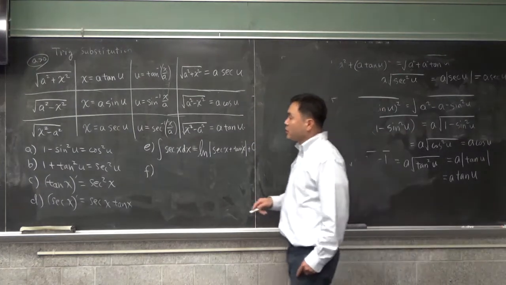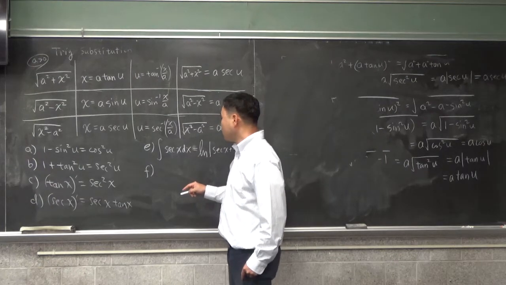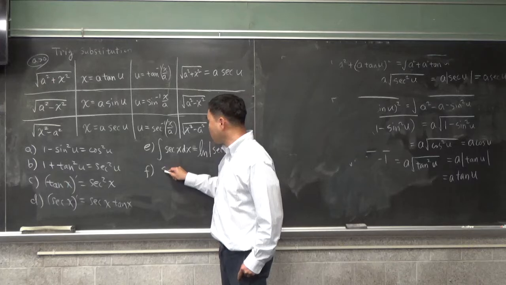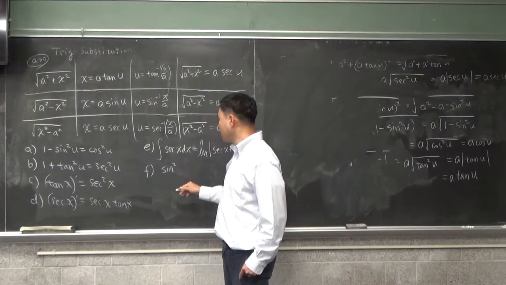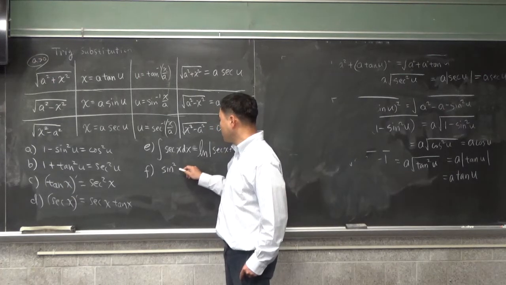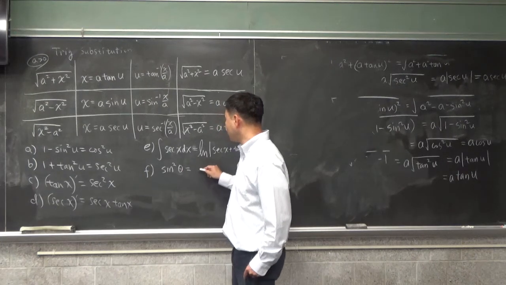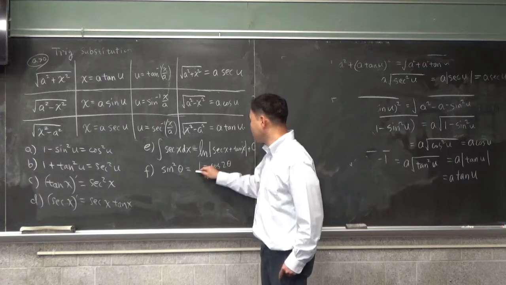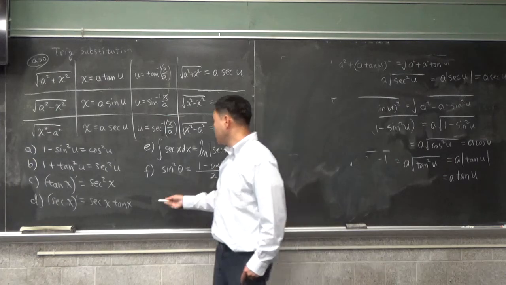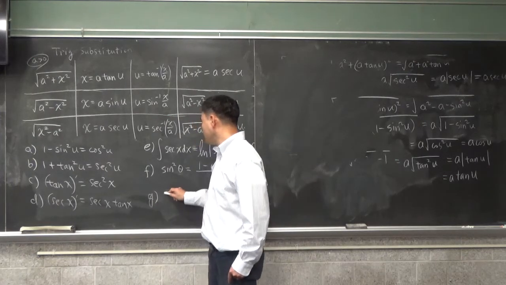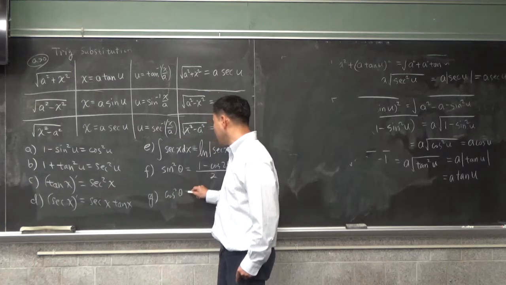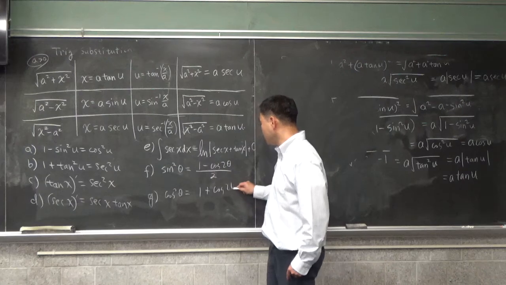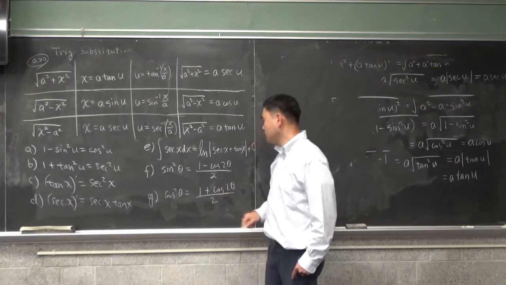Okay, and then you need to know sine squared of theta is 1 minus cosine 2 theta over 2. And then G, cosine squared of theta is 1 plus cosine 2 theta over 2.